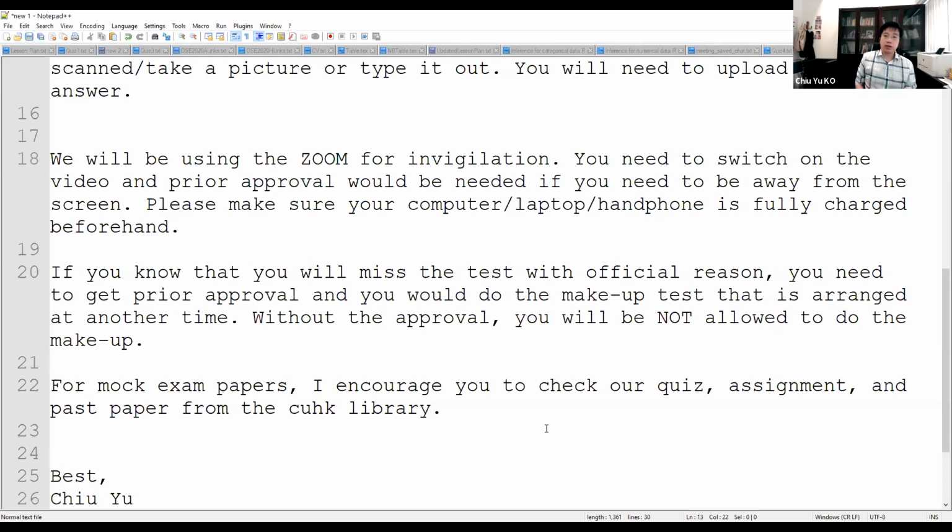I will also check the exam papers from the other sections; that would be the basis on which we make the exams. Any questions before we start? No? It's okay, right? In that case, if no question, we'll continue.